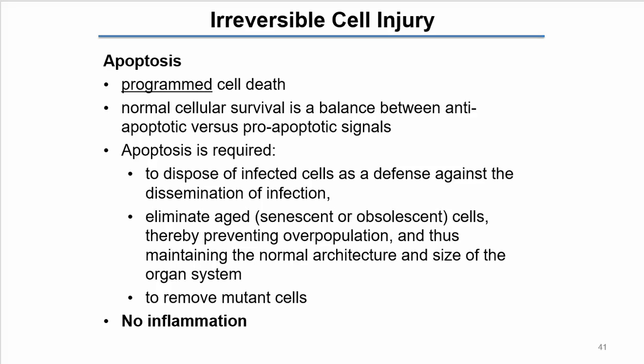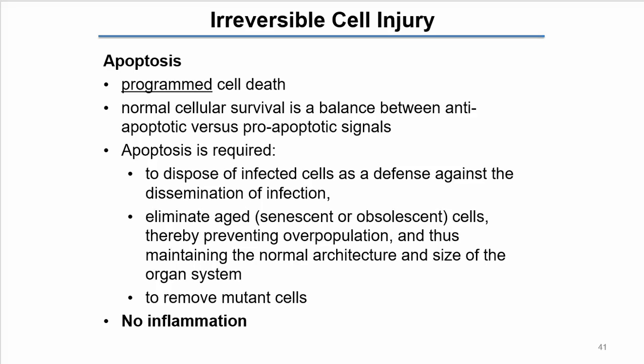Old cells that are obsolescent get removed. It's a way of preventing overpopulation. It's really no different than normal death by old age in humans. If everybody stayed alive too long, then we'd have huge overpopulation issues.